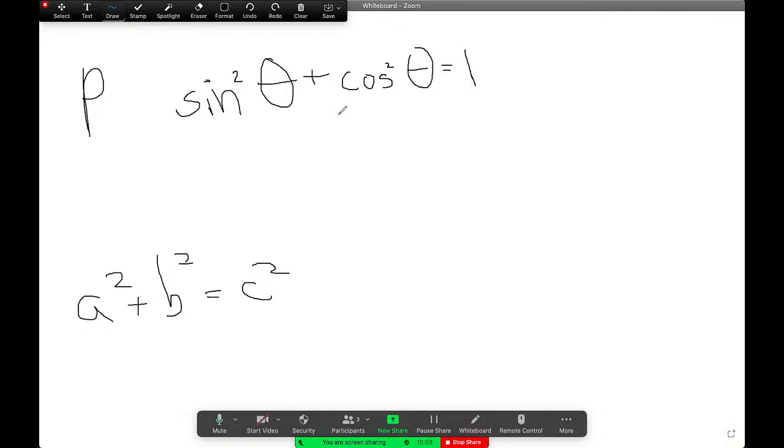Now I know what you're asking: how can a function be squared? How can a sine be squared? This is kind of the same thing as writing sine of theta squared. So the angle is being squared, and then you're putting it to the sine. That's basically how it works.